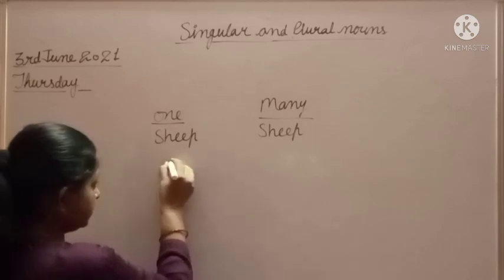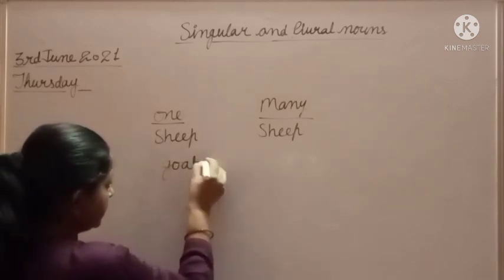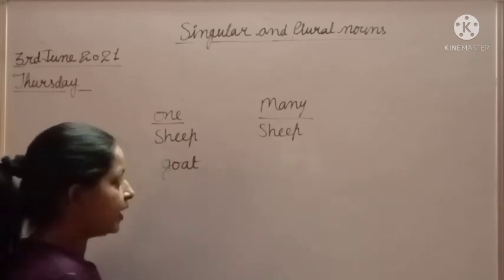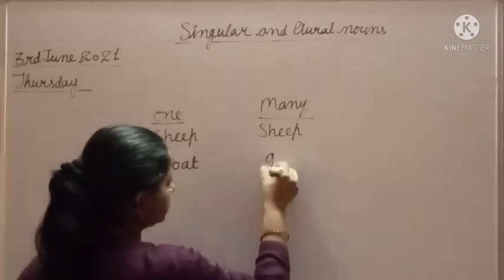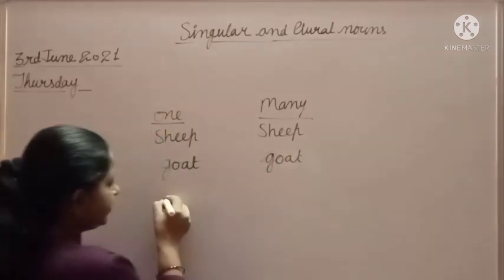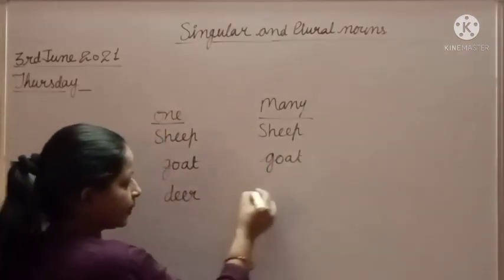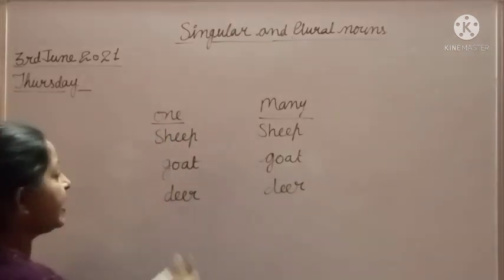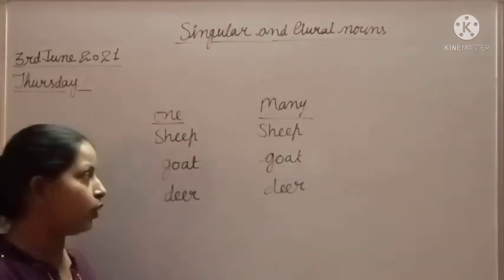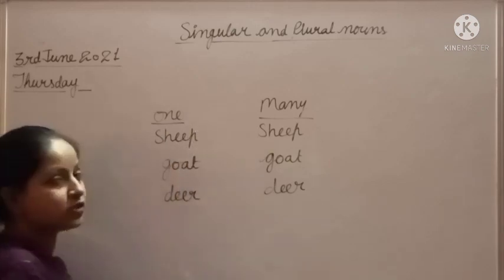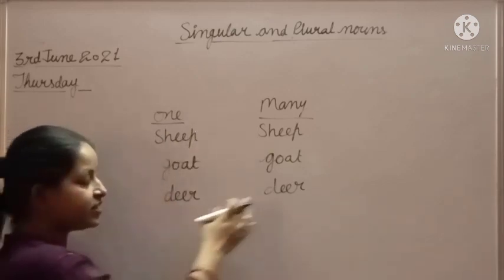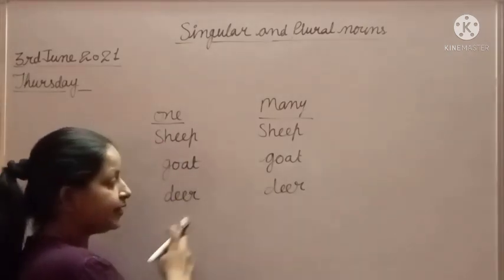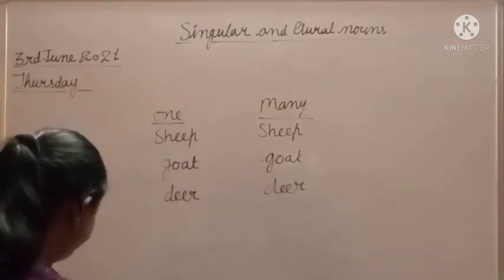Sheep, goat. We do not use s, goat, many goat. Deer. We use these nouns as they are in plural form. Students, sheep, goat, deer.